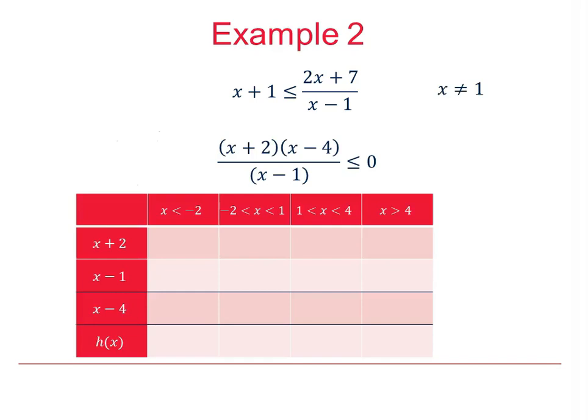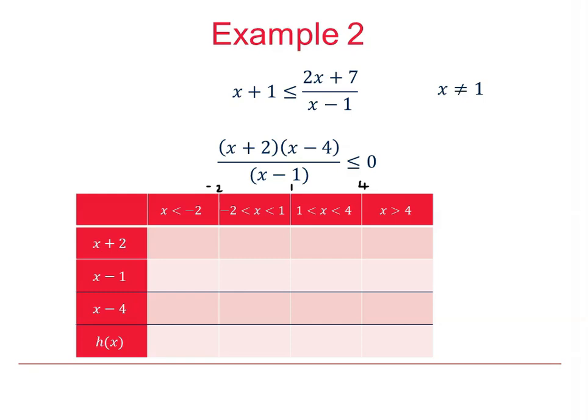So here we have that table. Our values of x equal to negative 2 is the first one, then 1 and 4, give the intersection between those regions.